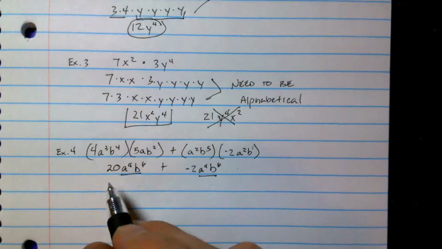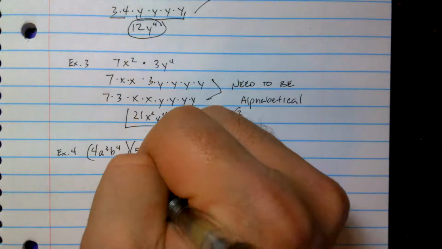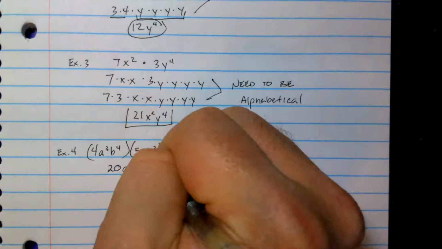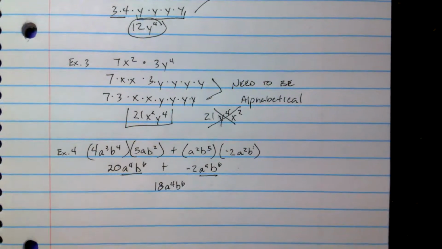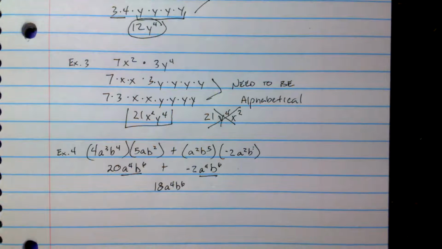All we have to do is 20 plus -2. Right, so 20 plus -2, 18, A to the fourth, B to the sixth. All right, don't make it harder than it has to be. We're going to multiply the coefficients, and then we're going to add the exponents. Okay, multiply the coefficients, add the exponents.